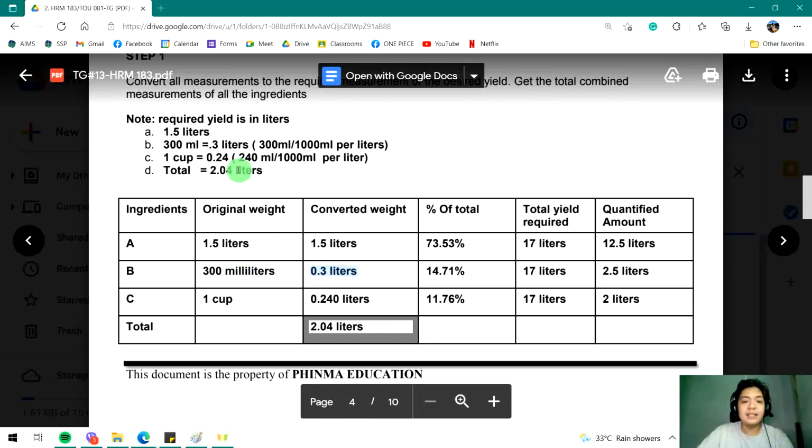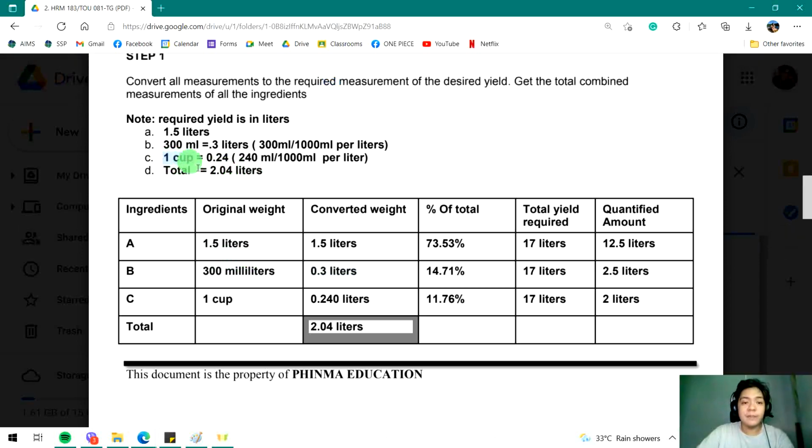And then lastly, we have here also 1 cup. 1 cup is equivalent to 240 ml. So ang gagawin natin, same with 300 ml, we will divide 240 ml over 1000 ml, which is the equivalent of 1 liter. And then if we will do that computation, we will have 0.24 liters.